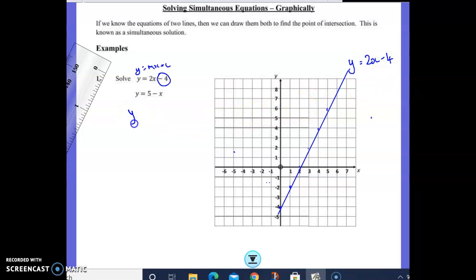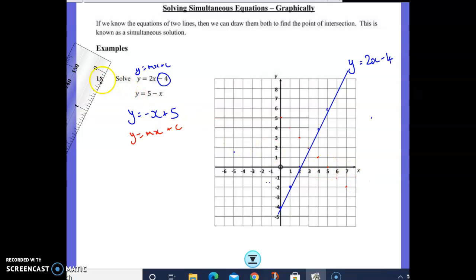The next line, I've got y equals, I'm just going to write this round the other way, y equals minus x plus 5. Let's pick another colour. That means it crosses at 5, so I'm starting here at 5. It's got a gradient of minus 1, so every time I go along 1, I go down 1, along 1, down 1, and so on.